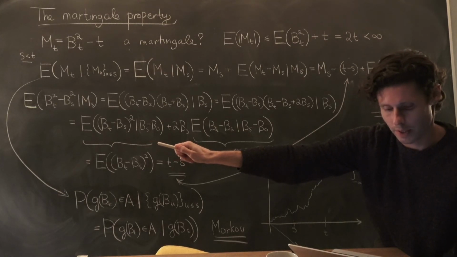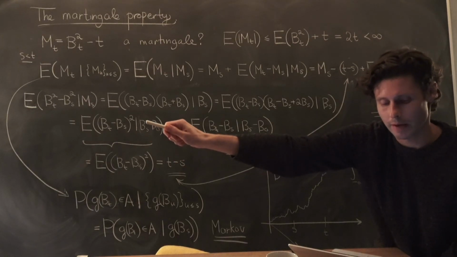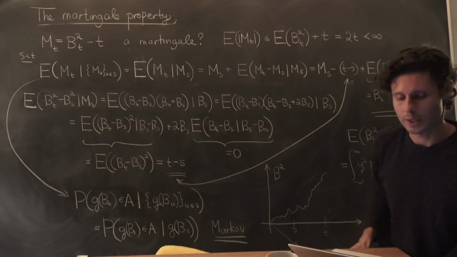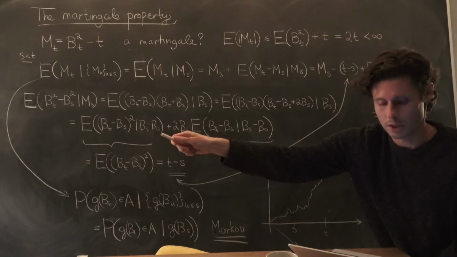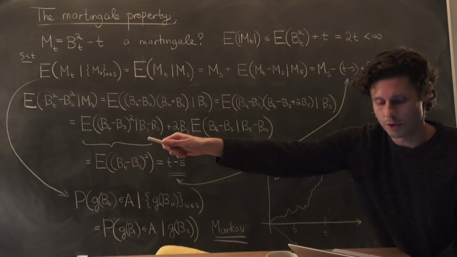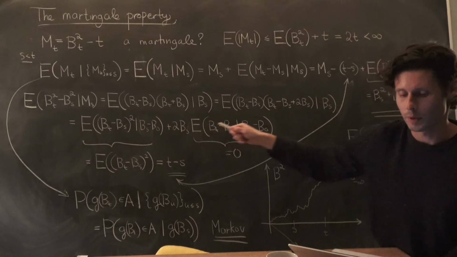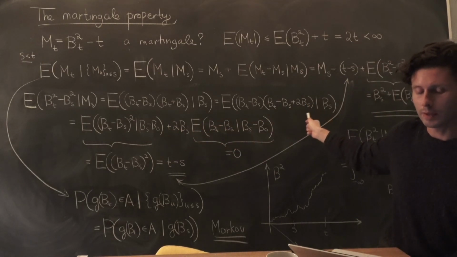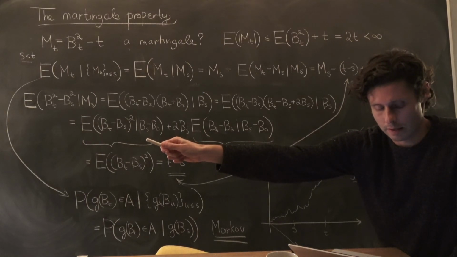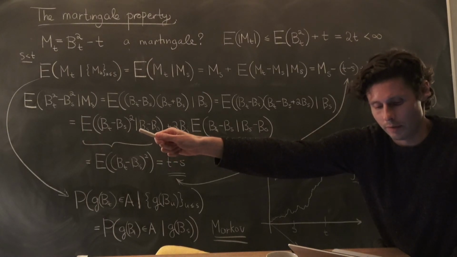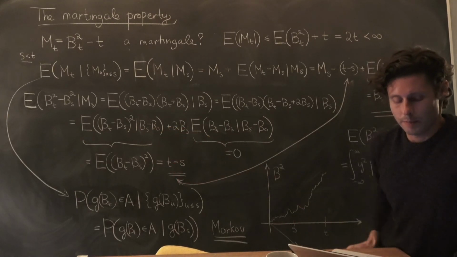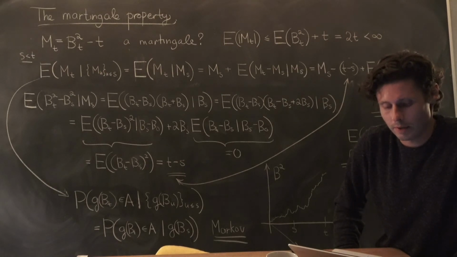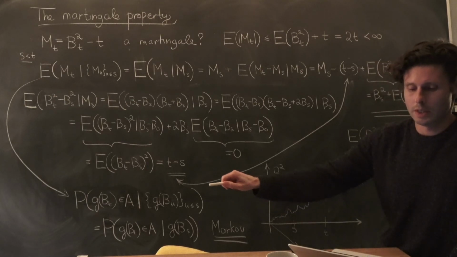On this side, a similar type of idea, except that now the thing we're taking the expectation of is the increment squared. It's still independent of what's being conditioned here. bs minus b0 is just bs, so I just wrote it as an increment, but it's the same bs that was given. So now this is again independent of that, and therefore equal to this expectation, and that right there is the variance of an increment of the Brownian motion, which is t minus s.